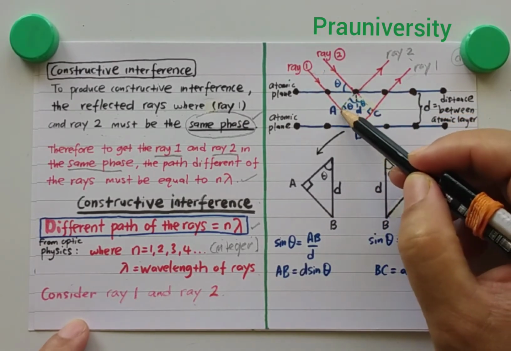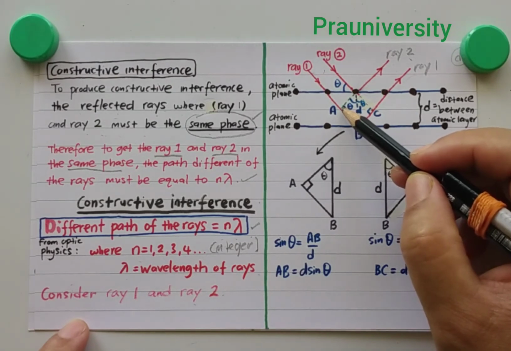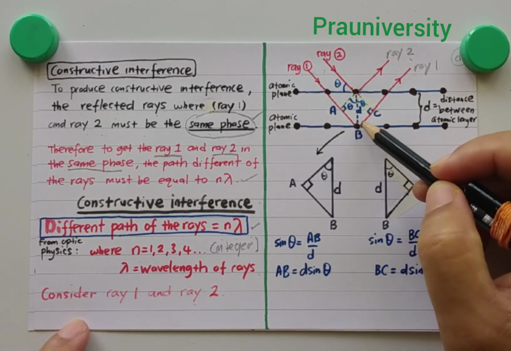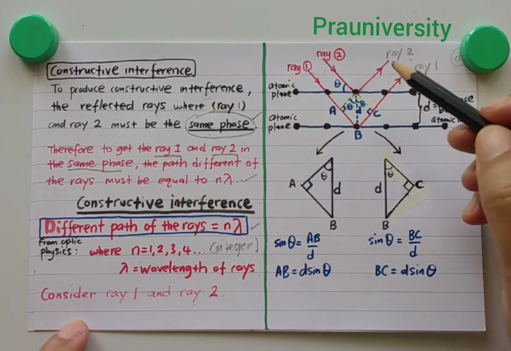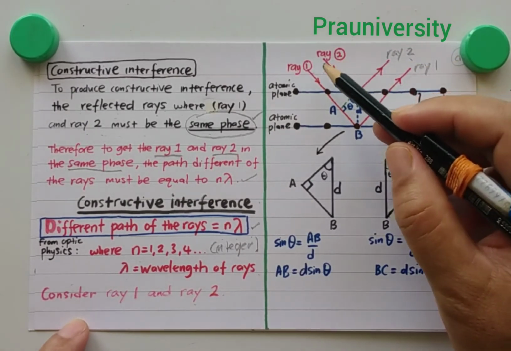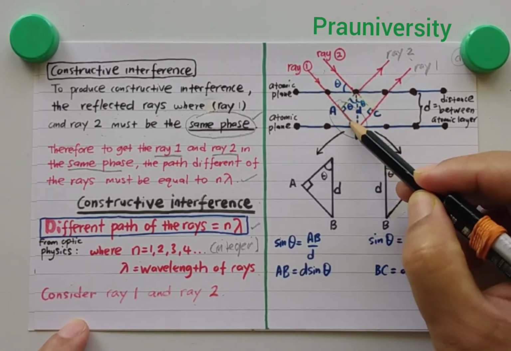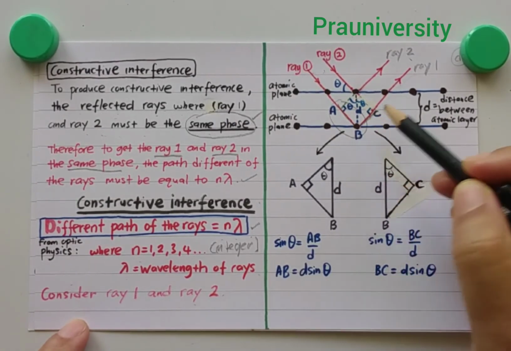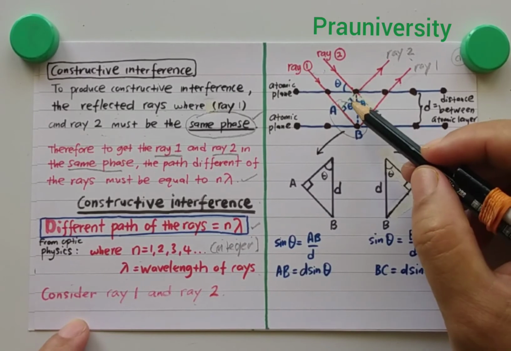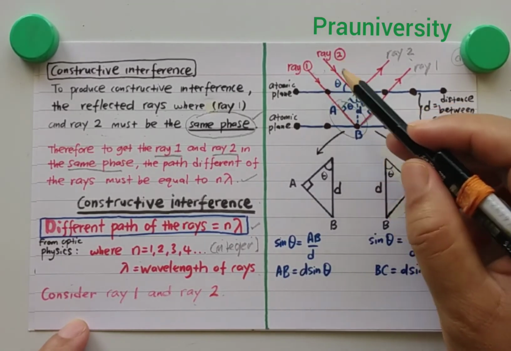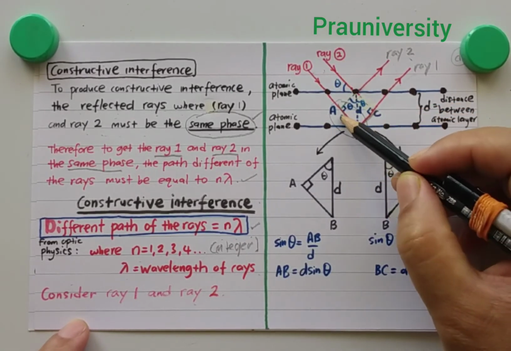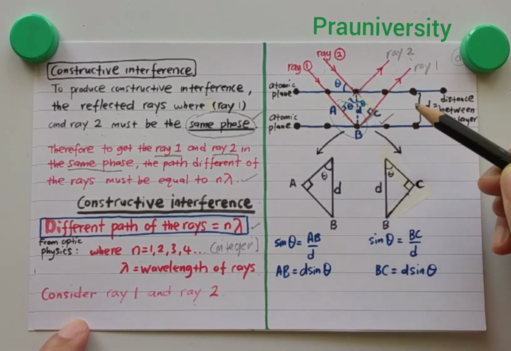That means it has the extra path AB and BC. That means the path difference of ray 2 and ray 1 is AB and then BC. So that's why we have to find the path difference between ray 2 and ray 1. That means we have to find AB and BC.